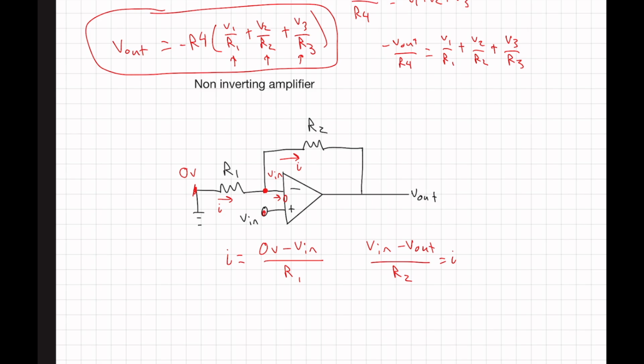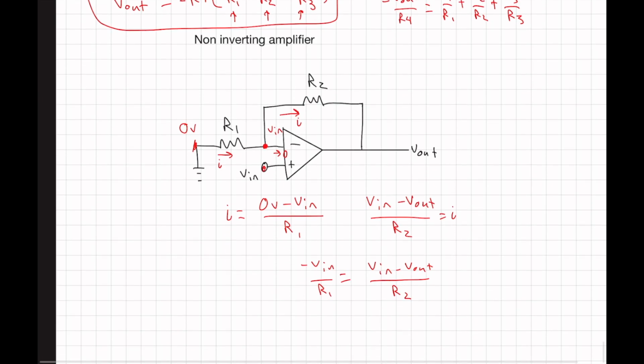So what we can do is set those two equal to each other, we have negative Vn over R1 equals Vn minus Vout over R2. All right, now what we can do here is multiply both sides of the equation by R2. So we have negative R2 Vn over R1 is equal to Vn minus Vout.